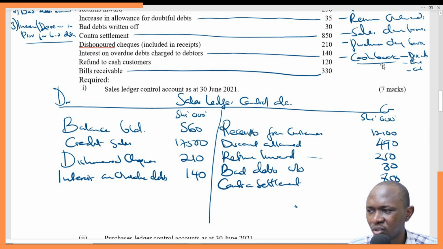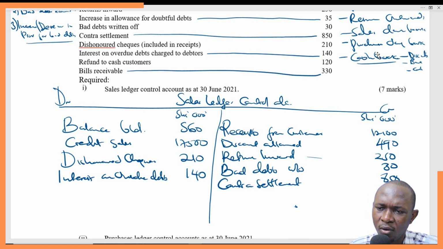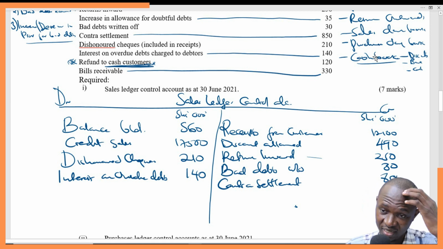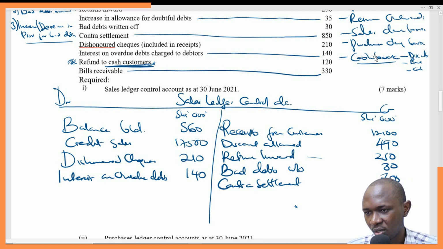Then refund to cash customers. I choose to leave this one out because we are talking about cash customers. These cash transactions, we are really not interested in.